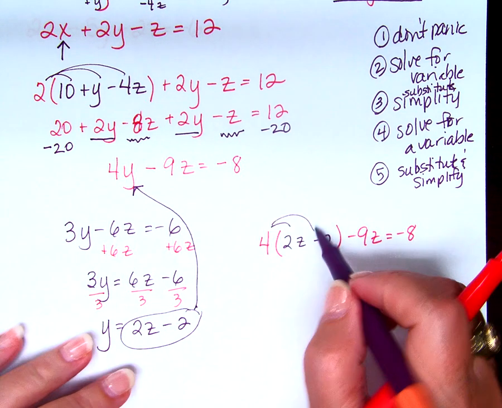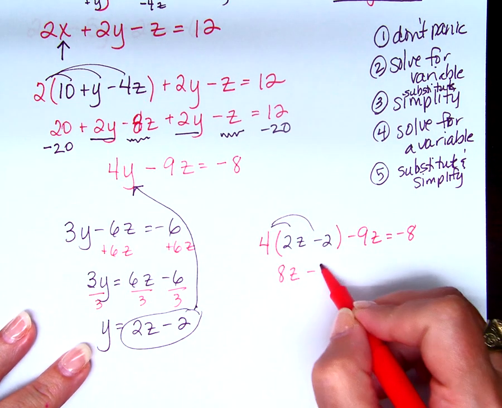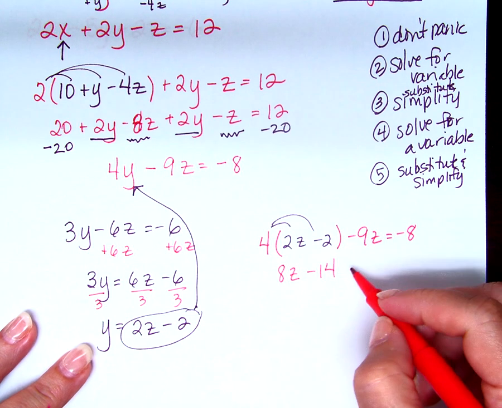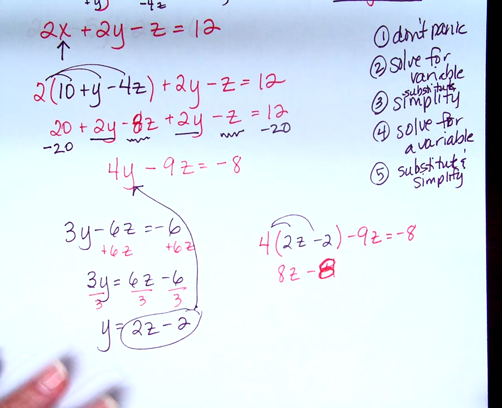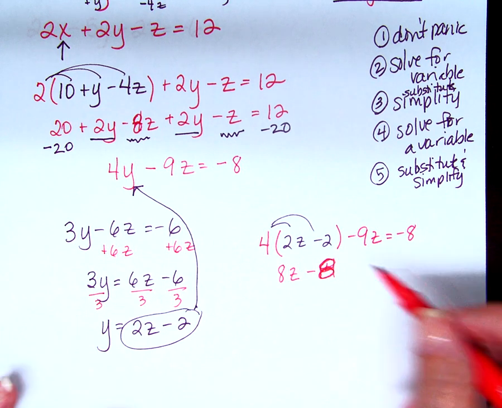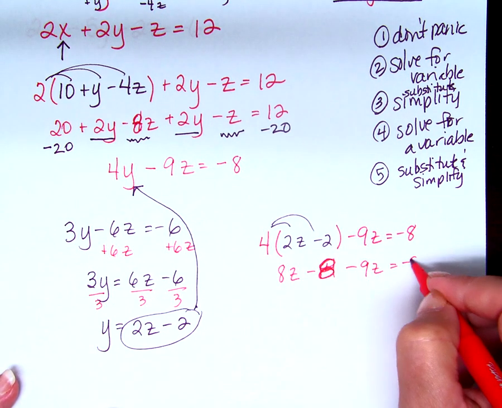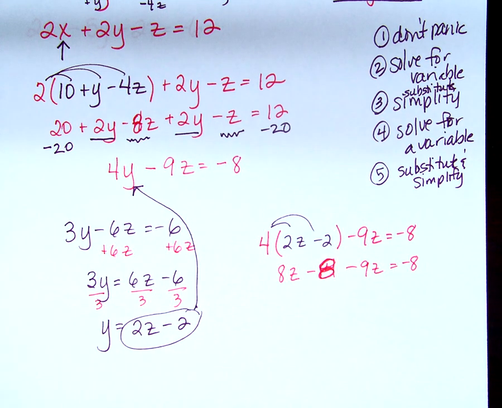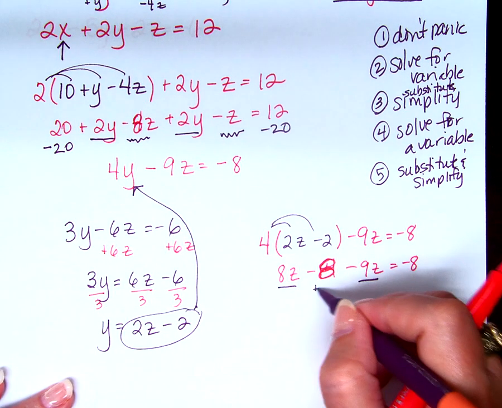So let's distribute to get 8z minus 14. Oh, geez, I can't even multiply today, can I? I remember to multiply and then I just did it wrong. 8z minus 8 minus 9z equals negative 8. So now what do I need to do? Combine the z's. And can I go ahead and add 8 at the same time?